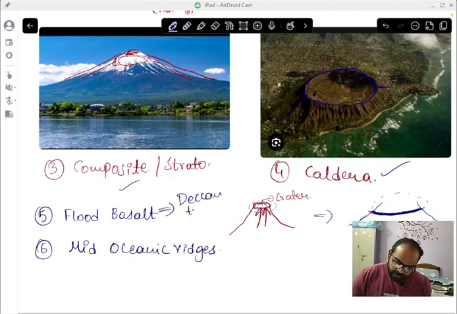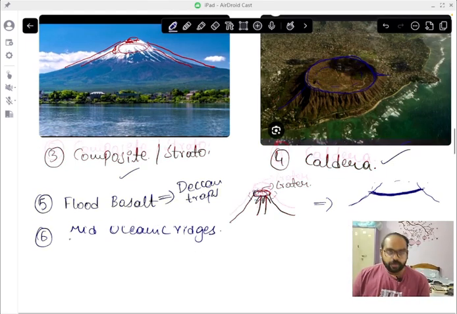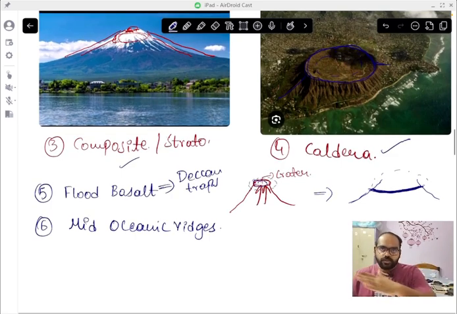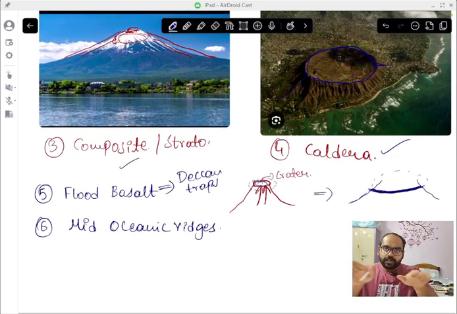When the Indian plate was moving towards the Eurasian plate, a series of volcanic events happened, and the lava traveled for longer distances and solidified on the ground as the Deccan traps. For example, our Deccan Plateau region, the Maharashtra Plateau. These are called flood basalt. The lava flowed like a flood, and the lava is basic in nature, so it is flood basalt. Another one is mid-oceanic ridges. It is also an extrusive form because it forms outside of the crust.